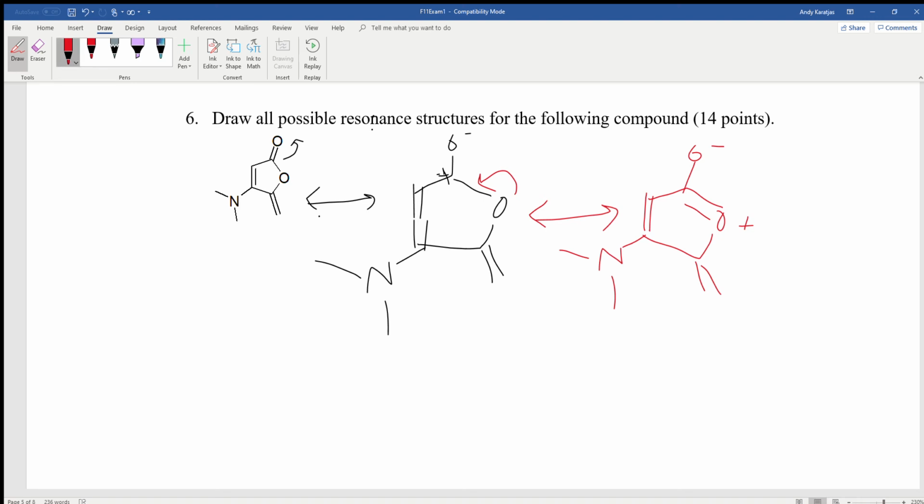Alternatively, we could have shifted the pi electrons from this double bond up.